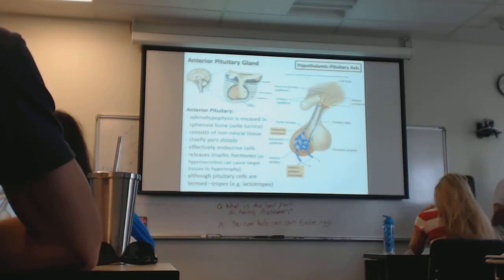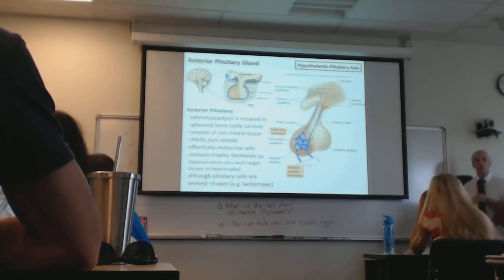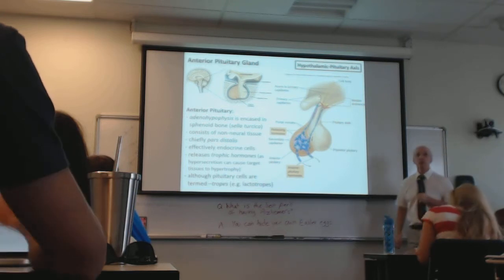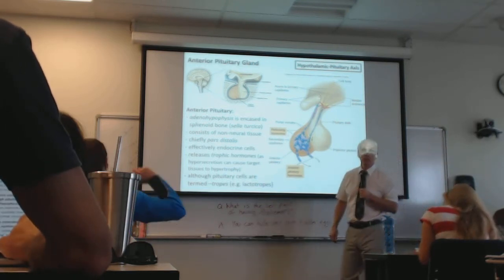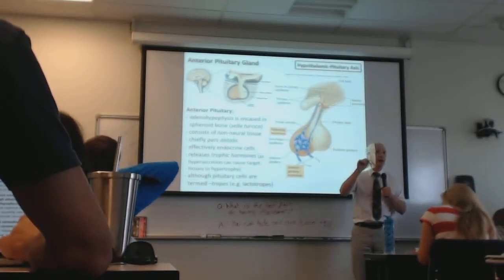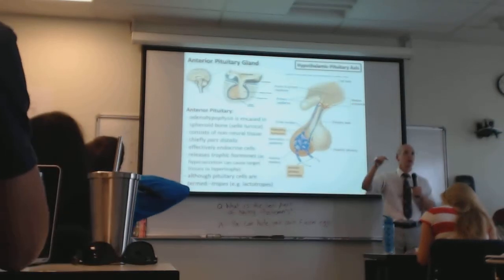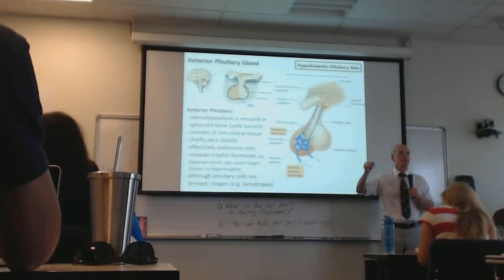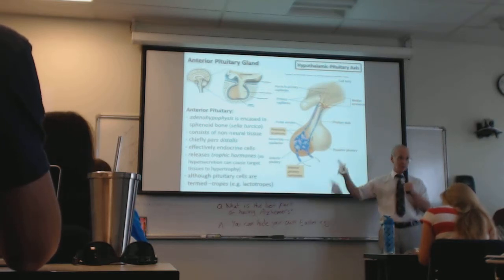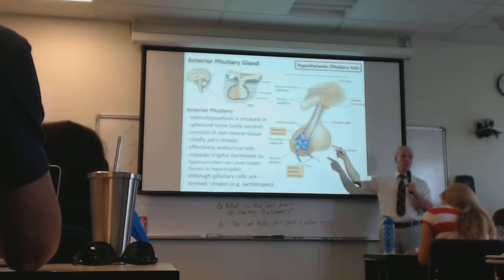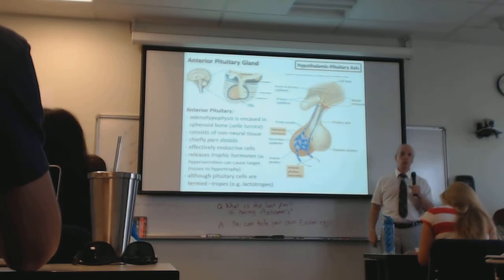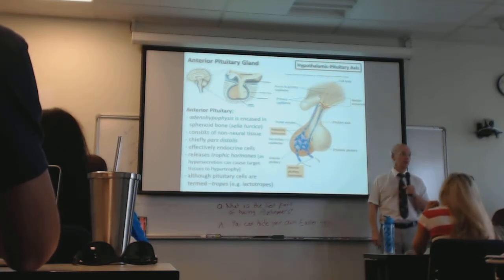So is only the parvocellular trophic? Excellent question. We're just going to define a trophic hormone as any hormone that excites release of another hormone. As we're going to see when we start labeling them beyond that, it gets a little more complicated, but certainly it is true that the hormones from the parvocellular neurons are categorically, incontrovertibly trophic.